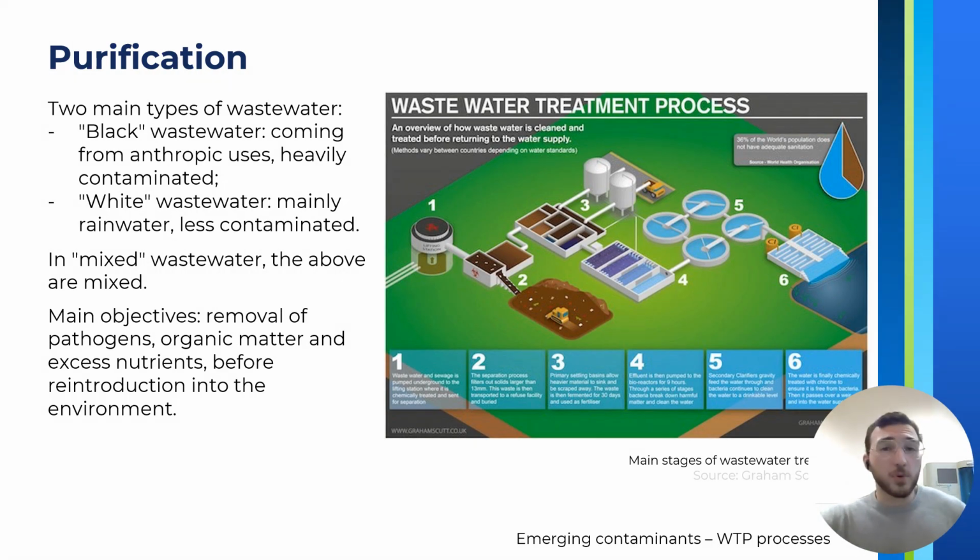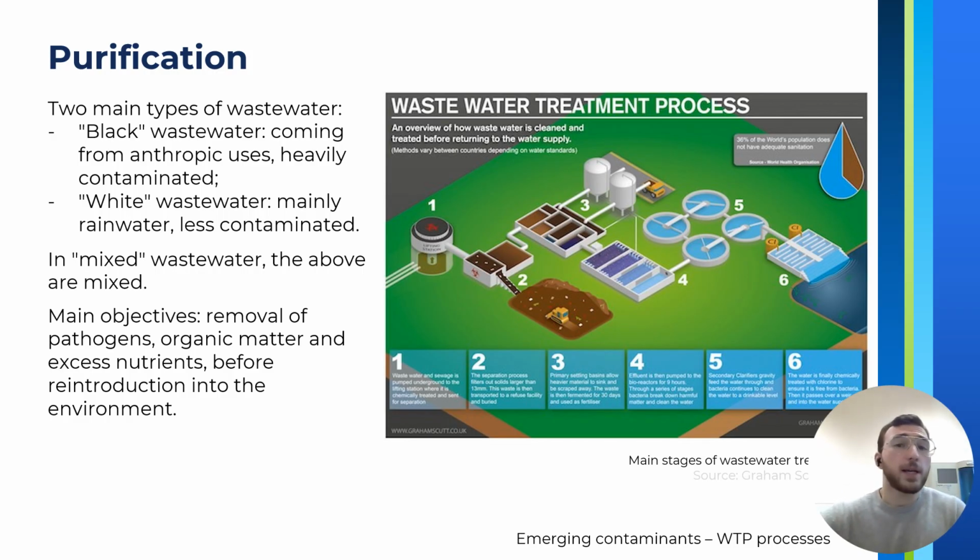So let's start from purification or wastewater treatment. Wastewater comes in two main forms, which may change etiquette depending on where we are, but the concepts are generally the same. We can identify the so-called black wastewater, which is wastewater coming mainly from anthropic uses, such as domestic or industrial wastewater, and it's generally heavily contaminated.